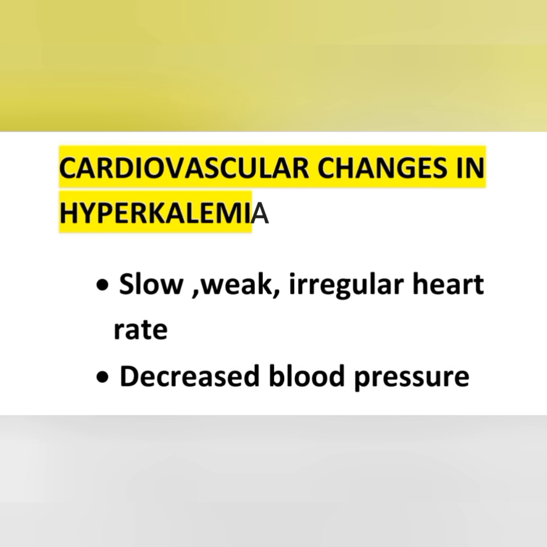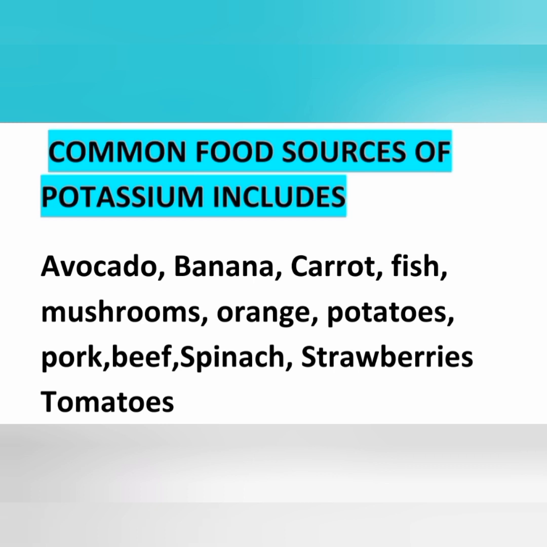The common food sources of potassium include avocado, banana, carrot, fish, mushrooms, orange, potatoes, pork, beef, spinach, strawberries and tomatoes. If the person has hypokalemia, we should advise the patient to take these food items.